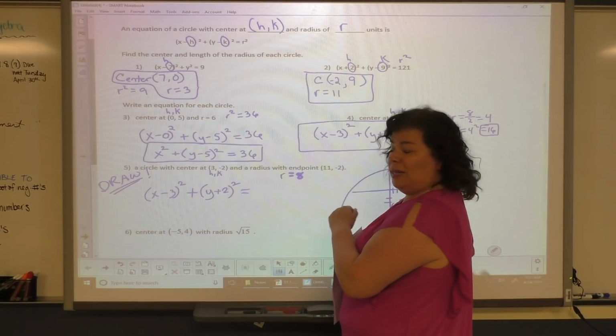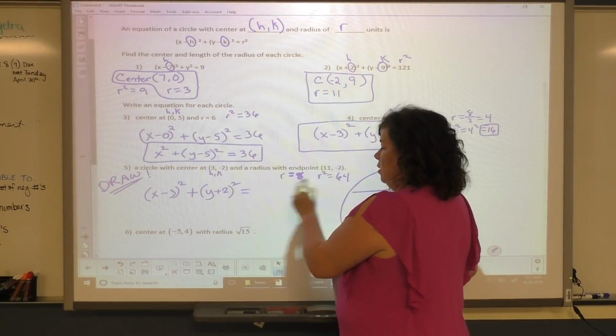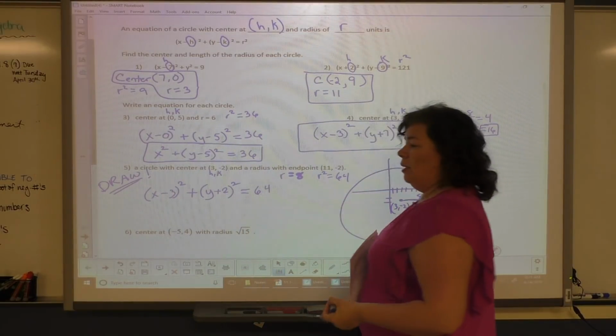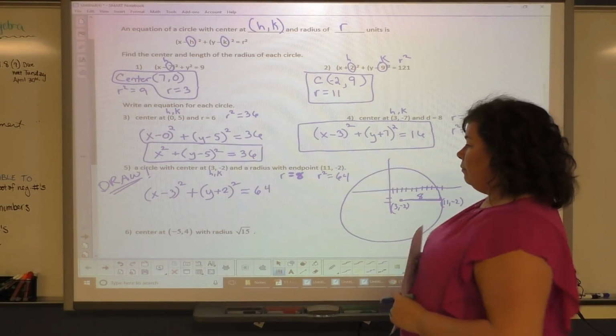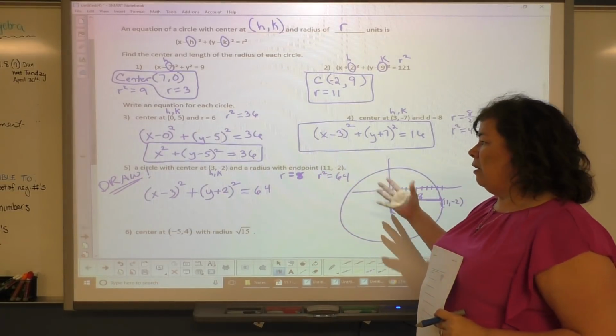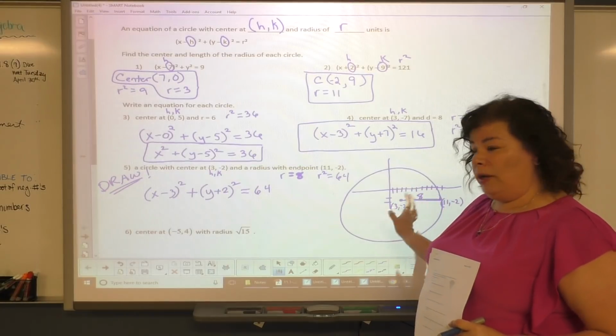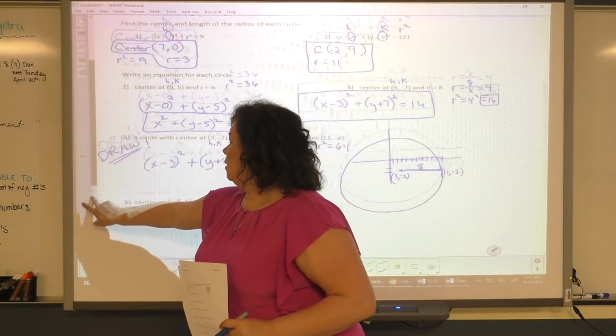Well, if r is 8, then radius squared is 8 squared, which is 64. So equals 64. And we're done with that. Okay, so in this case, you're going to have to draw it out to figure out where that endpoint is on the radius, to figure out how long it is. All right, let's move on.